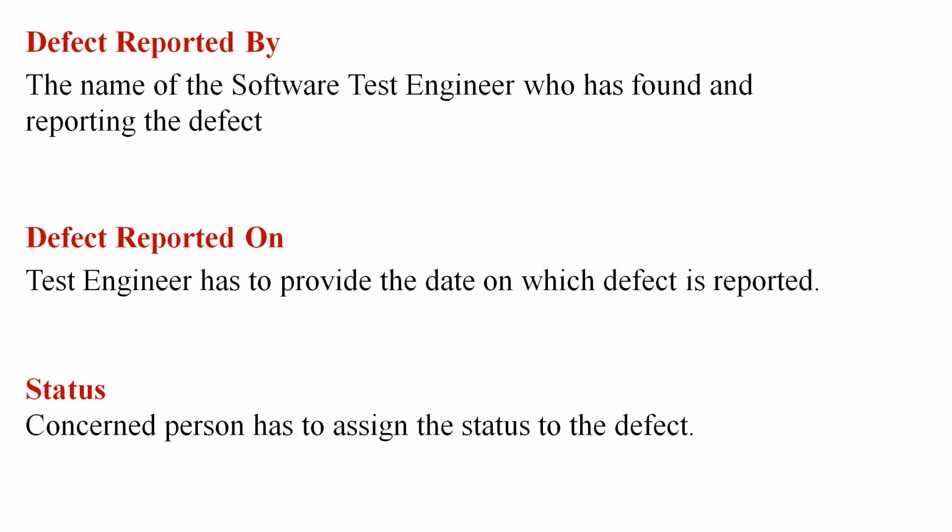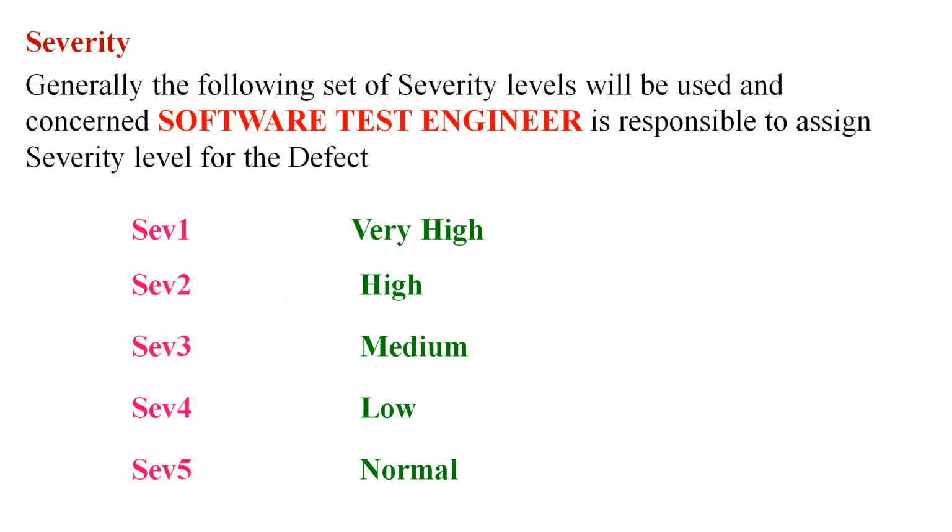That is called severity. Generally, different testing managers for different projects will use different severity levels. Here, Sev 1, Sev 2, Sev 3, Sev 4, Sev 5, that means severity 1 to severity 5. This is one set of severity levels.